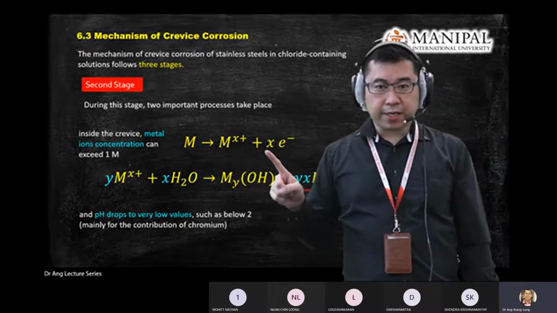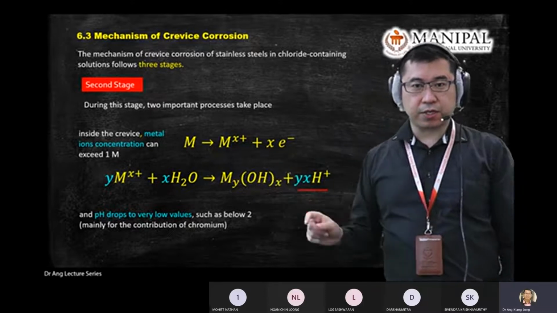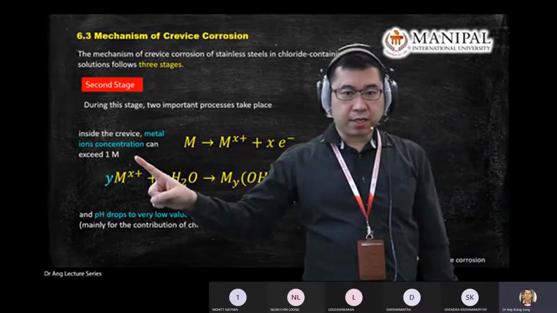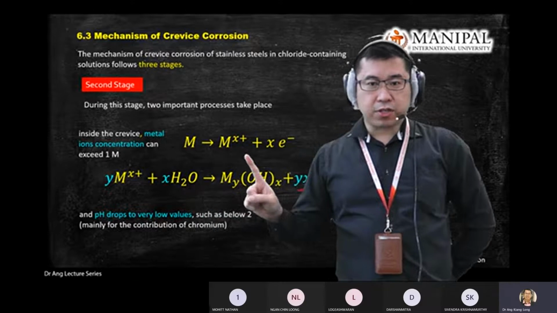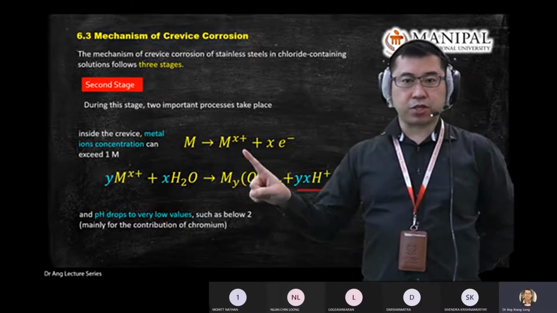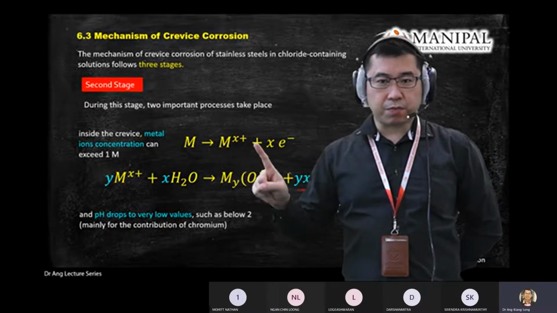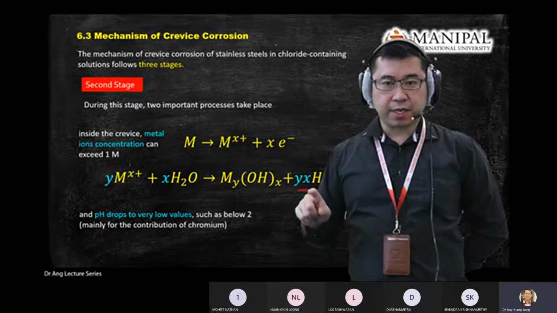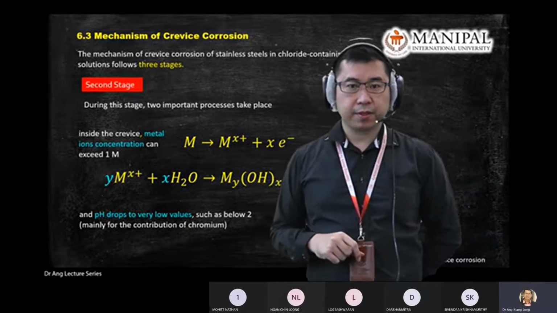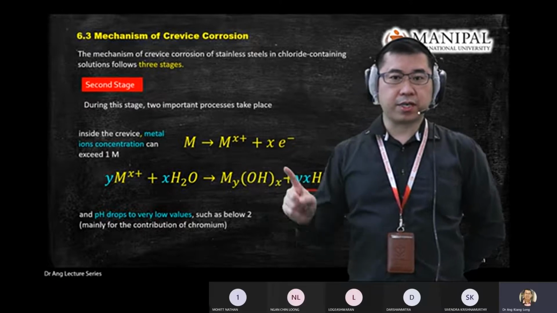So by looking at this chemical separation equation, the metal ion concentration is going to increase because it breaks into charges, right? Okay, second stage, metal concentration increases.